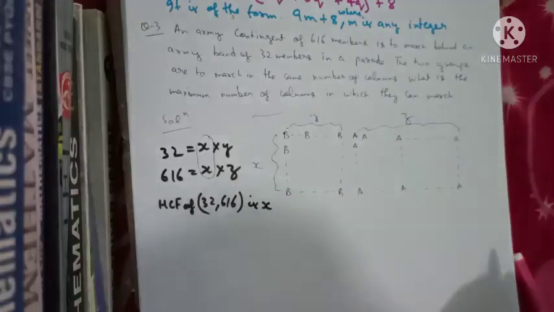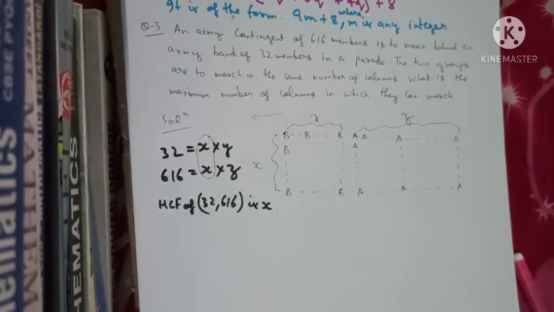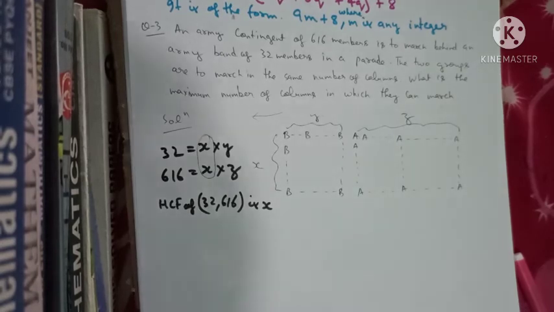So this is what we have to calculate: the maximum number of columns in which they can march.